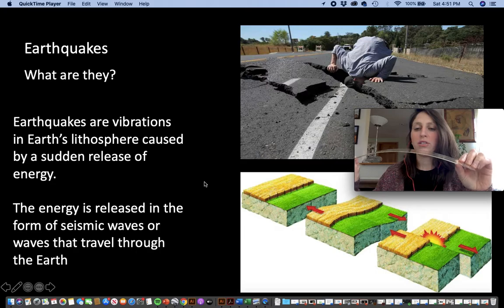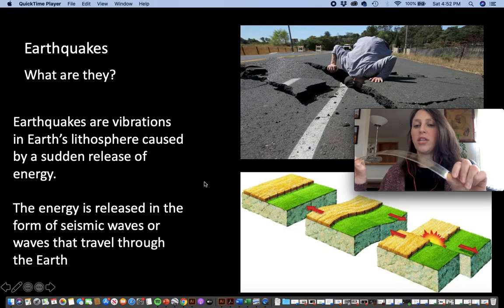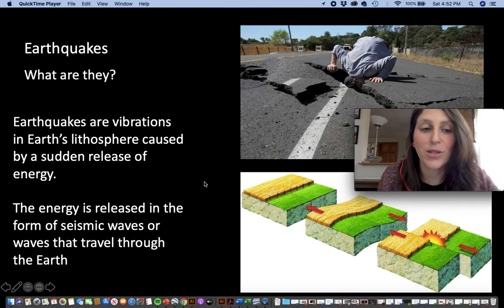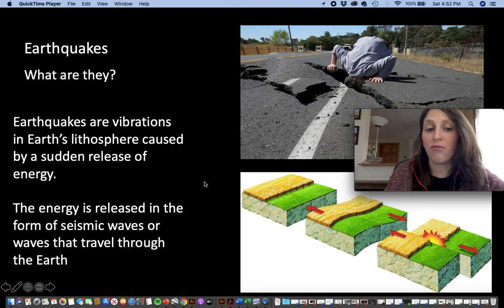You're deforming the rock, but not applying that much pressure, so it's able to go back to its shape. But if I keep pressing and bending the ruler, I'm building up energy, and if I build up too much, the ruler is going to snap. When it snaps, it releases a bunch of energy in the form of seismic waves. That is really what an earthquake is doing.